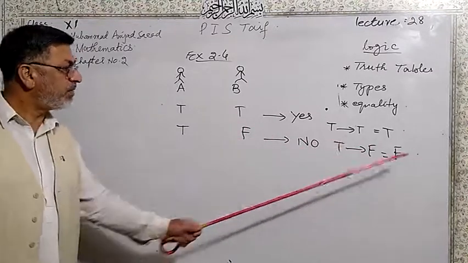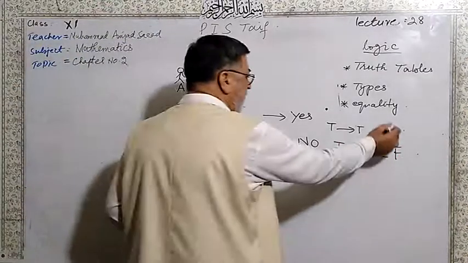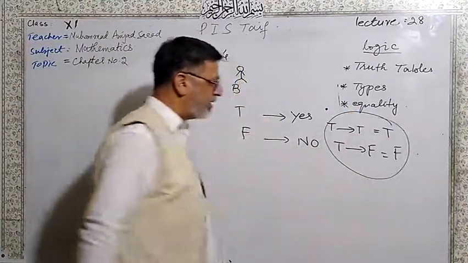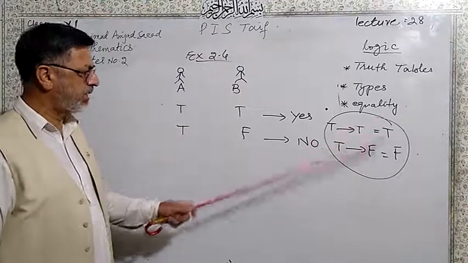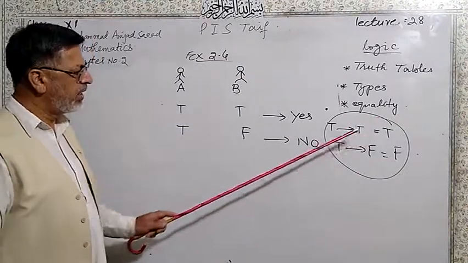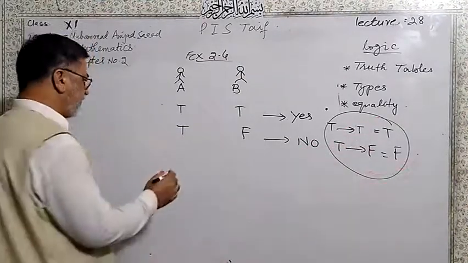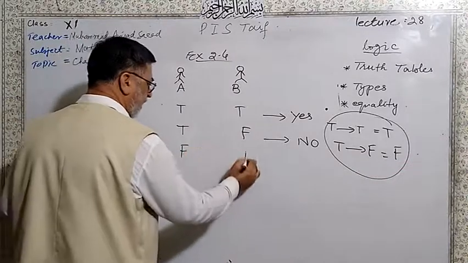Remember that these are the actions of your truth table. I am concluding these things: T to T is T, T to F is F, and after that, F to T.